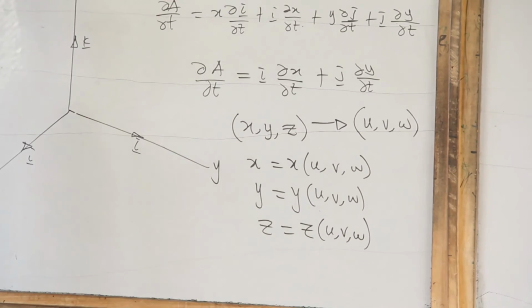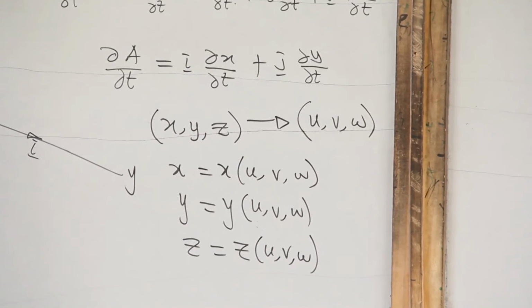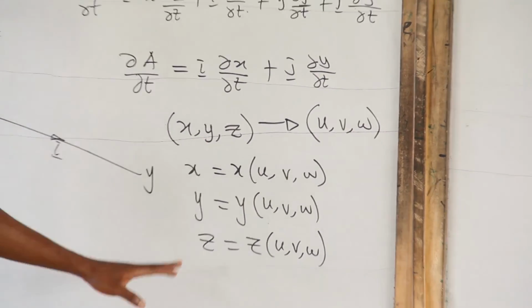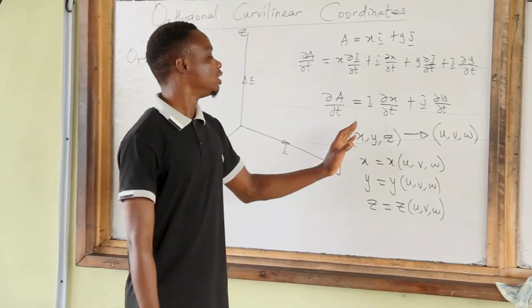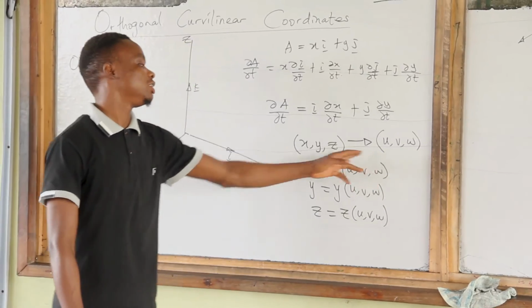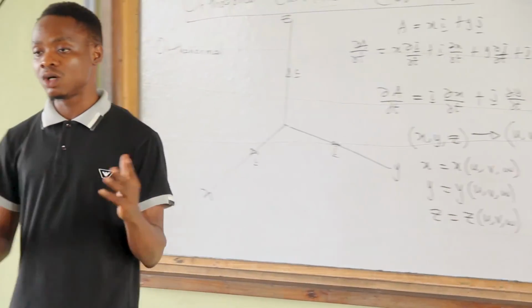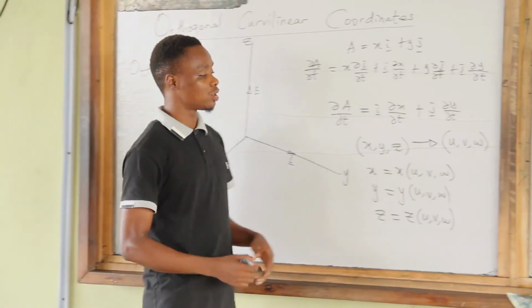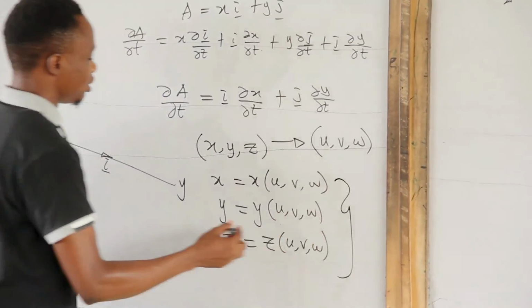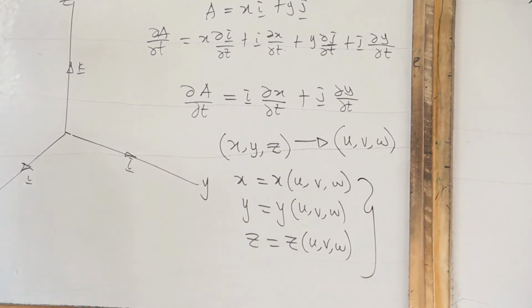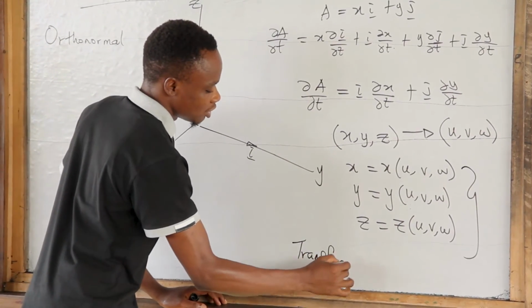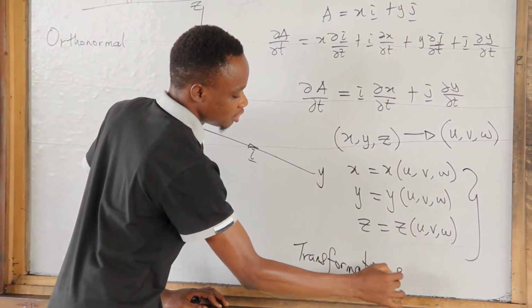You need to know how each of them is defined so that you can switch between the two coordinate systems. So these are called transformation equations. If I want to go from the Cartesian coordinate system to another coordinate system, I need to know these transformation equations.